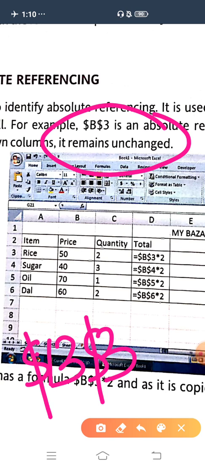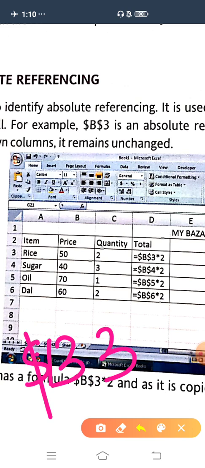So again we have one table. We can see this table. Again we have item, price, quantity, then total. We have different items, their prices are mentioned, and the quantity is also there. Now we have to calculate the total.